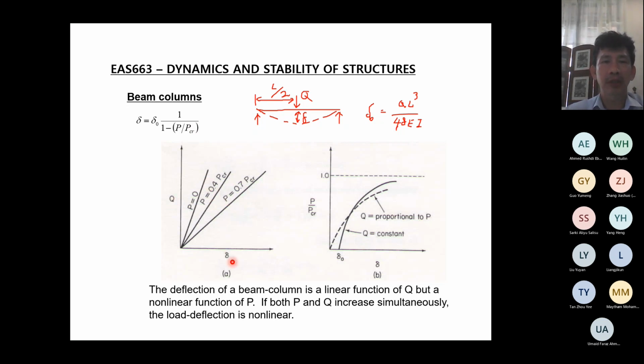Q over delta is given by this straight line, so again as Q increases, delta also increases. And we go to the third graph, where the P over P critical ratio is increasing further.